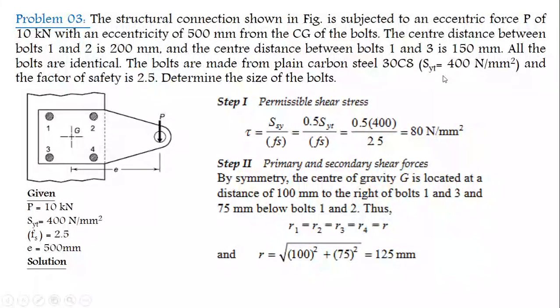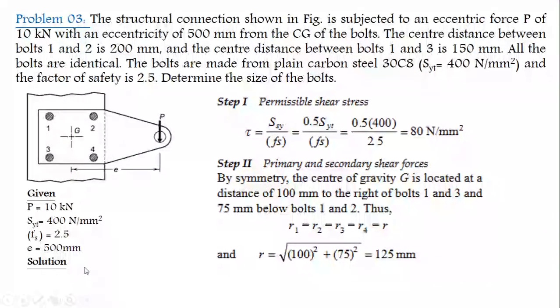Given data: P is the 10 kN eccentric load, and e is 500 mm, the distance between the center of gravity and the load. The center distance between bolt 1 and 2 is 200 mm and 1 and 3 is 150 mm, the yield strength is 400 Newton per millimeter square, and factor of safety is 2.5.